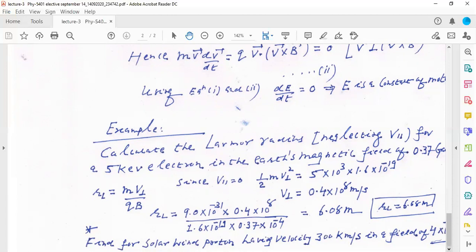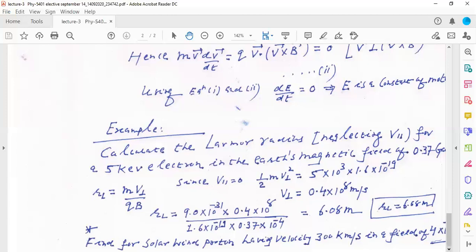Please remember, in the previous case, the case of a uniform magnetic field, there is no electric field, so the parallel component does not experience any force. It is moving with a constant velocity. But since you apply an electric field, and there are two fields now, electric field and magnetic field, perpendicular to each other, the parallel component of the particle velocity will experience a force, and because of that it will be accelerated.